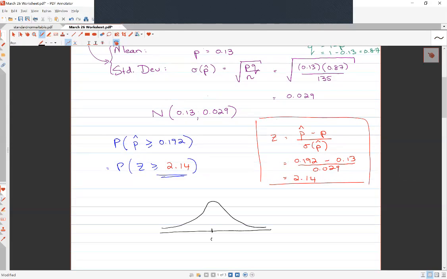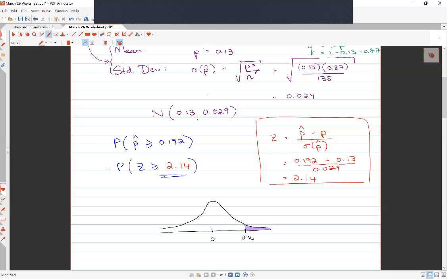My standard bell curve, which is centered at 0, so in the right here, I have this value 2.14. And remember, I am trying to find what the chance is that I have a z-value of 2.14 or larger.